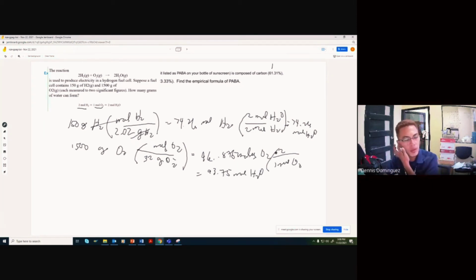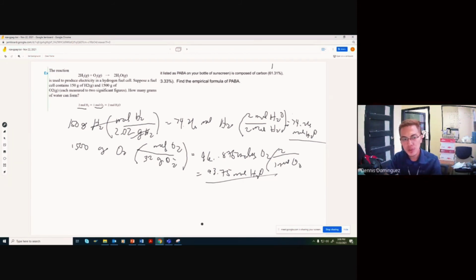So, meaning to say, the limiting reactant would be your H2, since it has the lower value, 74.26 compared to 93.75.